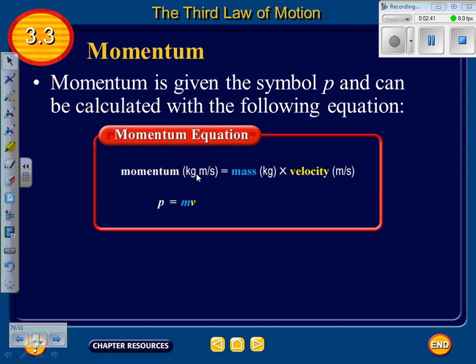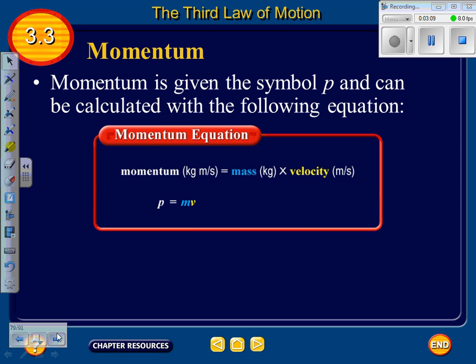Now, we saw a term that was kilogram meters per second squared, which is a newton, but this happens to be a kilogram meter per second. Momentum equals the mass in kilograms times velocity in meters per second, and you arrive at the formula p equals m times v. You notice in this formula one thing they left out is the direction.